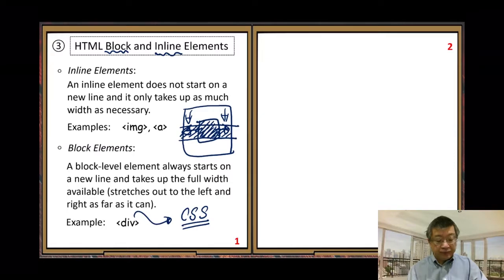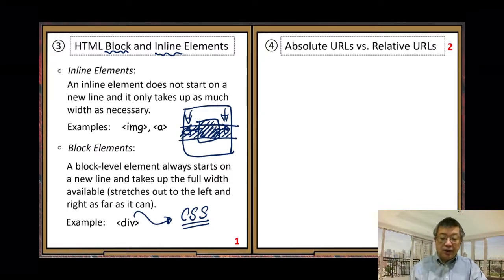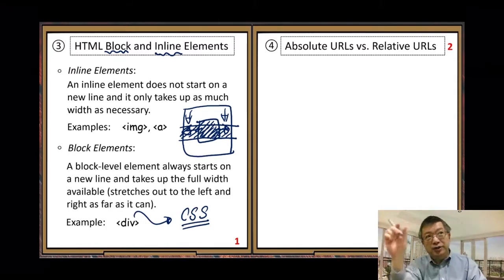Next, I want to talk about another concept called absolute URLs versus relative URLs. If you took Unix before, or actually not necessarily Unix, because if you use Windows, you have some basic knowledge about paths, folders, paths.